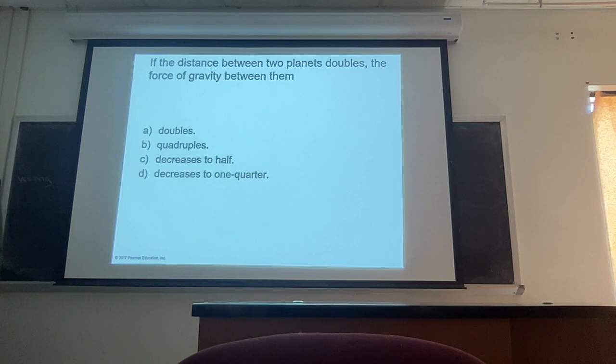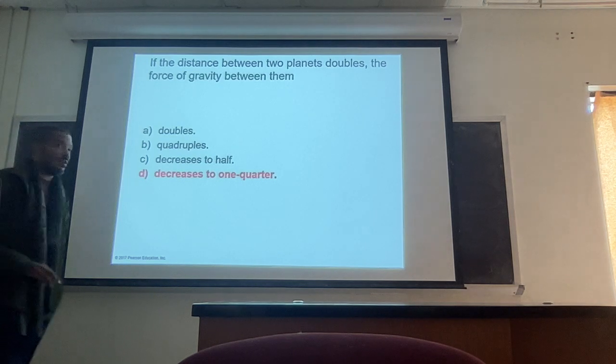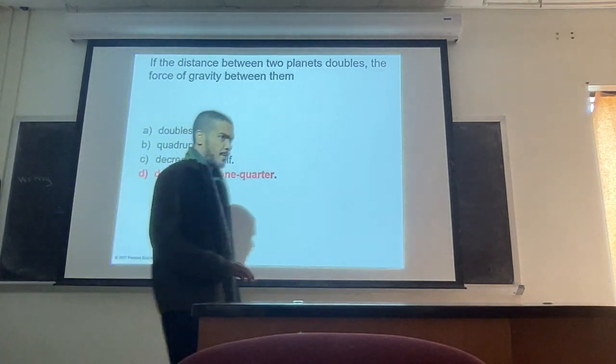All right? What happens here? Quadruples. So it's the 1 over r squared, right?